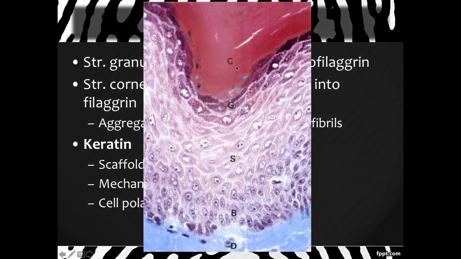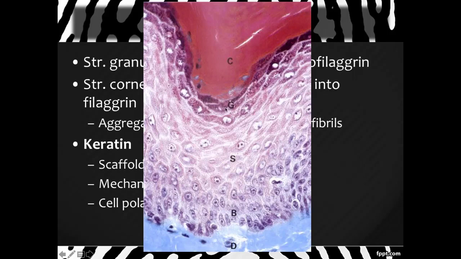So you can see the stratum corneum like that, where there are no intercellular boundaries. You cannot see boundaries because the membranes themselves disintegrate and eventually disappear, as the nuclei and organelles did.